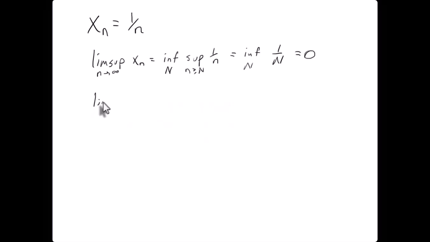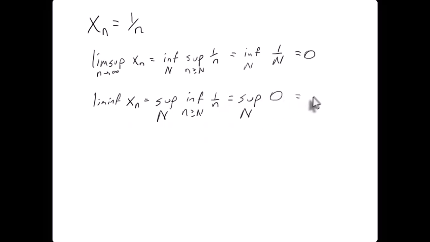I look at the lim inf. It's the supremum over capital N's of the infimums over all the indices in the tail. These are zeros, and the supremum of a set of zeros is 0.